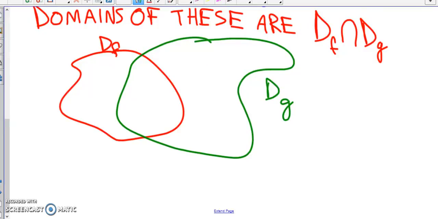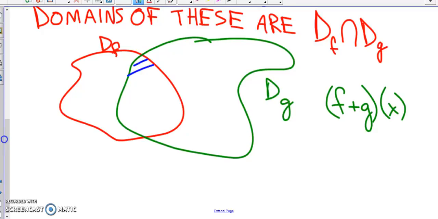Well, if I want to do something like F plus G of x, wouldn't it stand to reason that if this is going to make any sense, F would need to be defined and G would need to be defined? Because if either of those is bad, then the whole thing is going to be bad. So the domain would have to be this part in here, where both of the functions that you're adding together have a valid output, that they make sense.